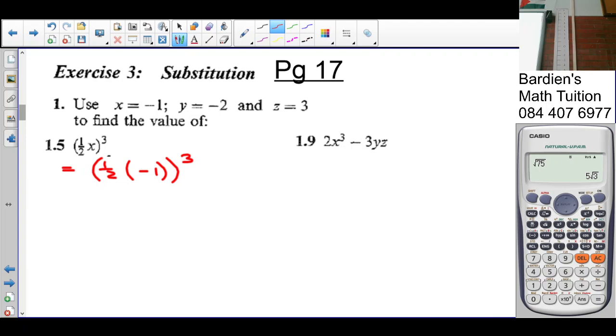So what is a half times negative 1? Remember, according to BODMAS, you must do each side of the bracket first. So half times negative 1 is negative half, raised to the exponent 3. So negative to an odd exponent will always be negative. 1 cubed will be 1. 2 cubed will be 8. Okay. Any confusion there? No?